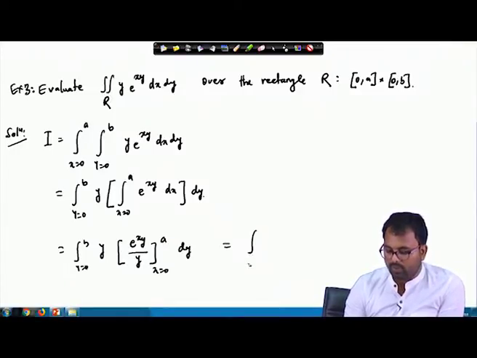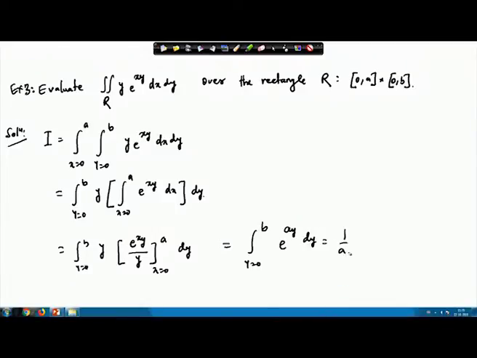So, this will be the integral with y running from 0 to b, then this y will get cancelled, and then we will have e to the power ay dy. When we integrate this one, this will be 1 by a e to the power ay, and y will run from 0 to b.